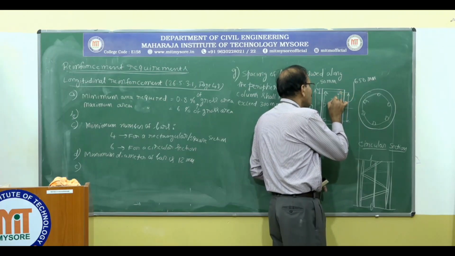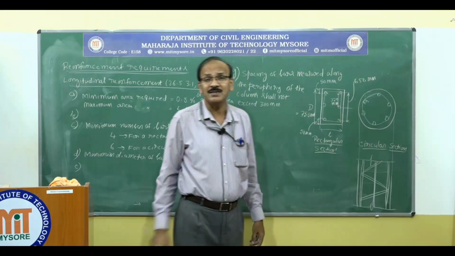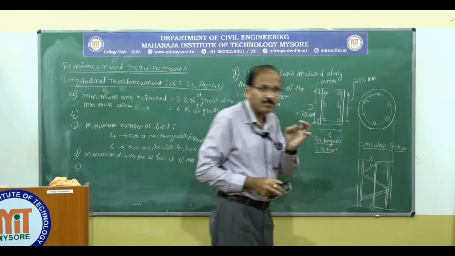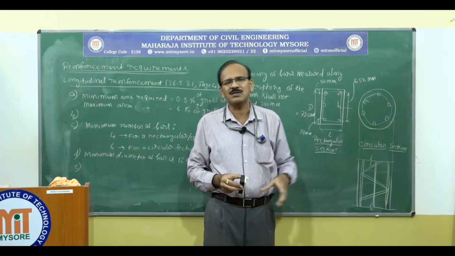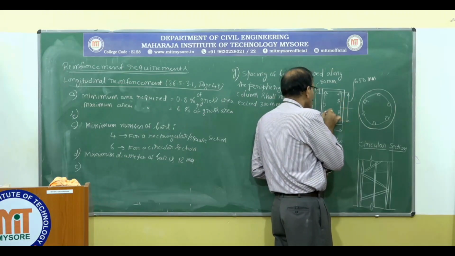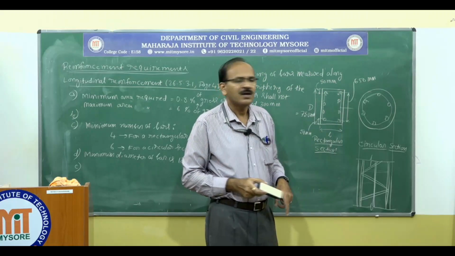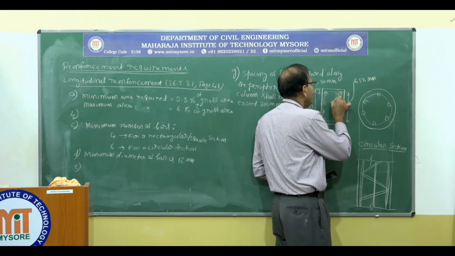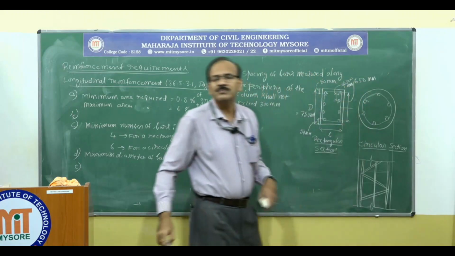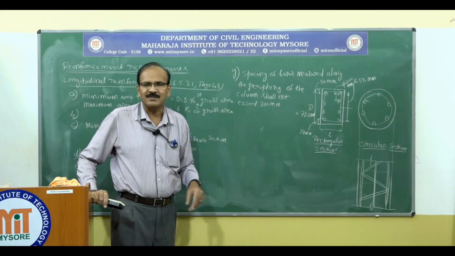This is going to be 325 millimeter. Still it is more than 300 millimeter. So in this case what we do is, again we are going to go for smaller diameter bars, or we put some additional bars, such that the spacing between 2 successive bars in the periphery does not exceed 300 millimeter. This not greater than 300 millimeter. So you have to adjust and you have to put the reinforcement like that.